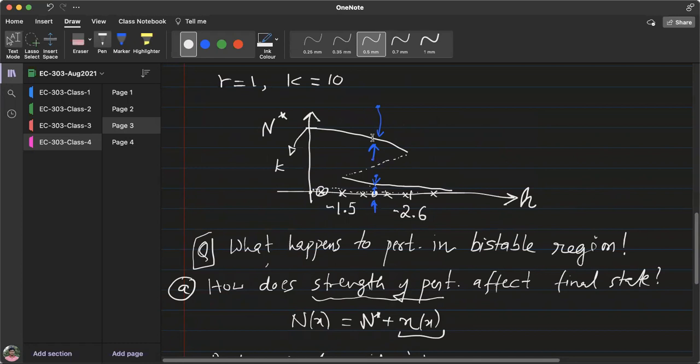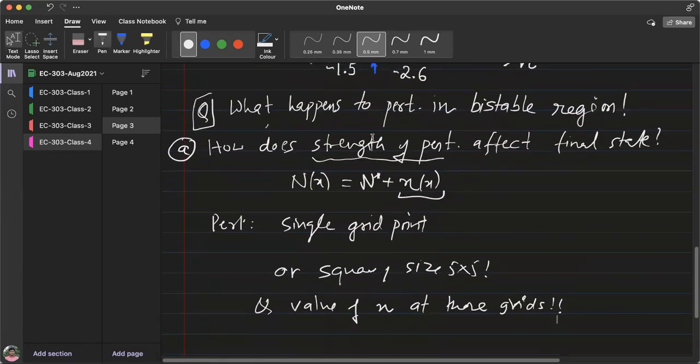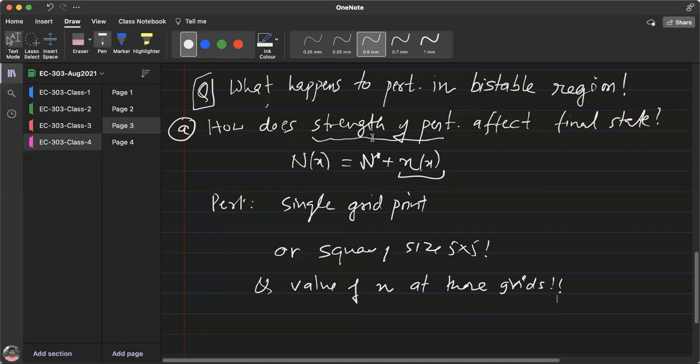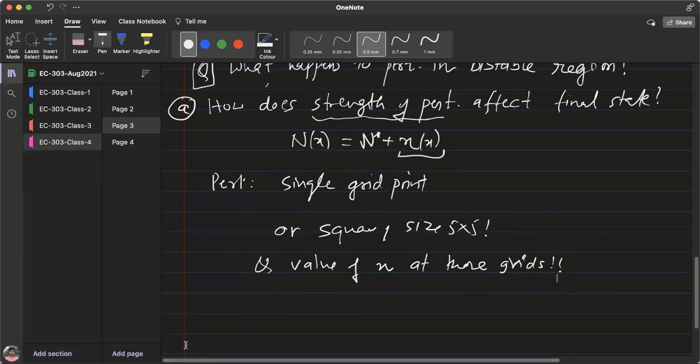Is that question clear? We can also have independent perturbations spread all over the space. Yes, you can also consider that. We can also consider different perturbation types. That's totally fine.